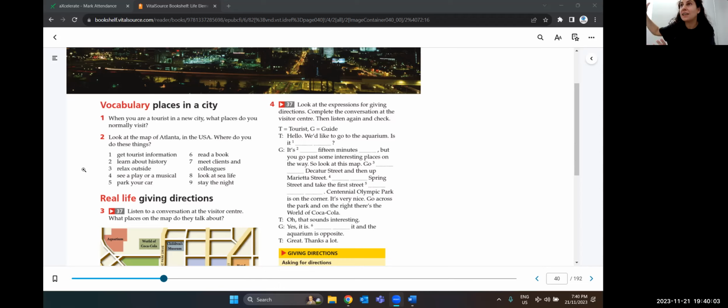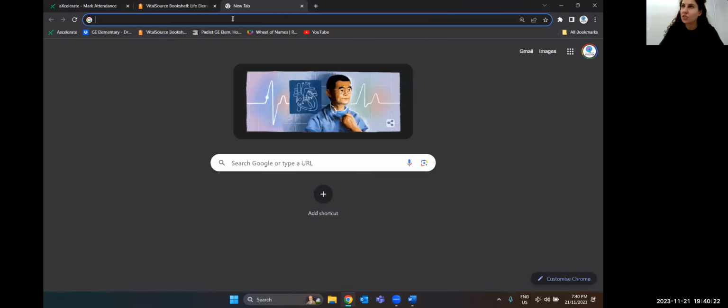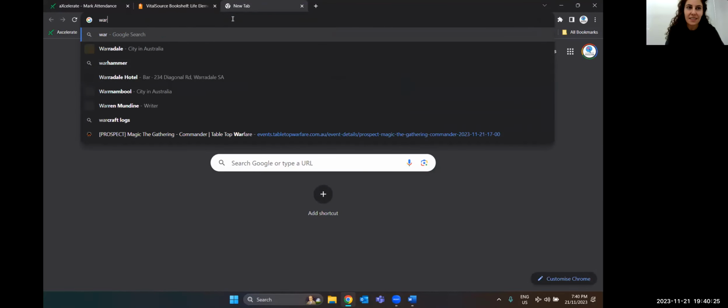Maybe if there's like SeaWorld or some sort of park, like if you go to Queensland, they have, I think, like obviously Disneyland and Disney World is in America, but in Queensland we have Warner Bros. Or is it Warner Brothers?